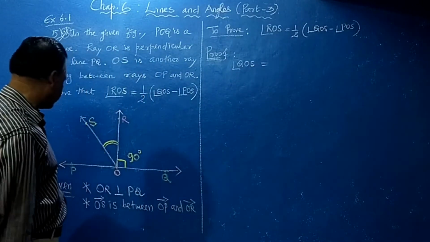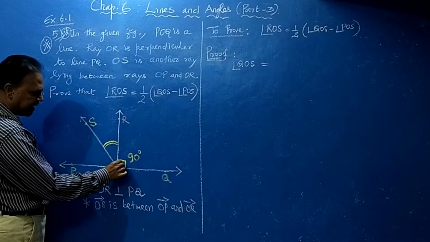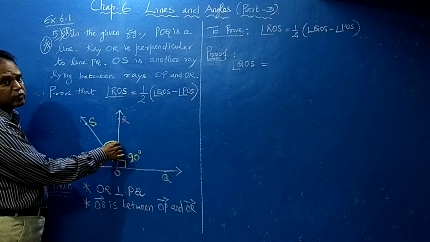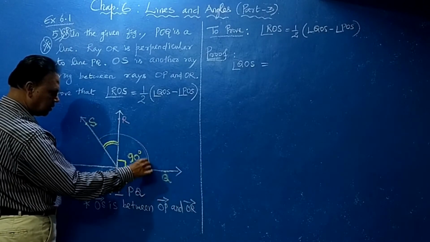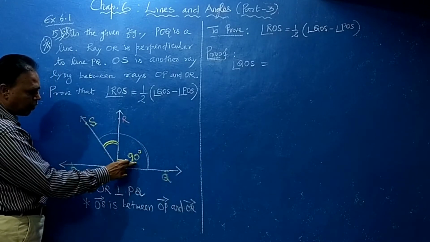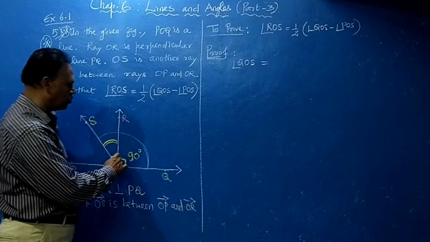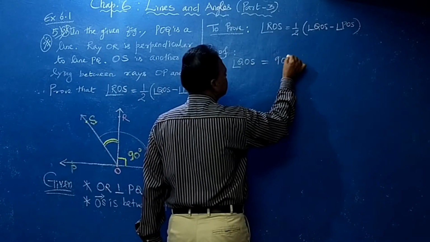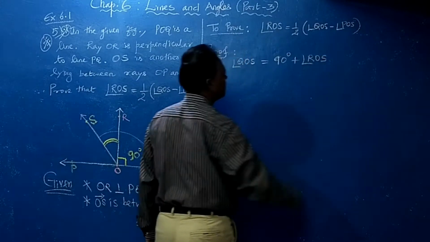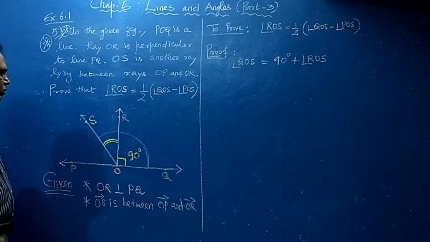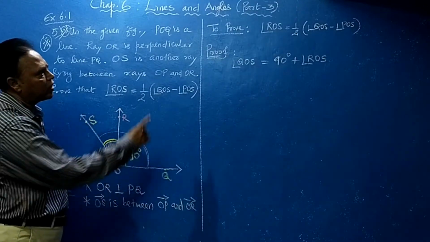QOS is nothing but this 90 degree plus this one. You have two adjacent angles. One is 90 degree plus angle ROS. That ROS only we have to find out. Clear?